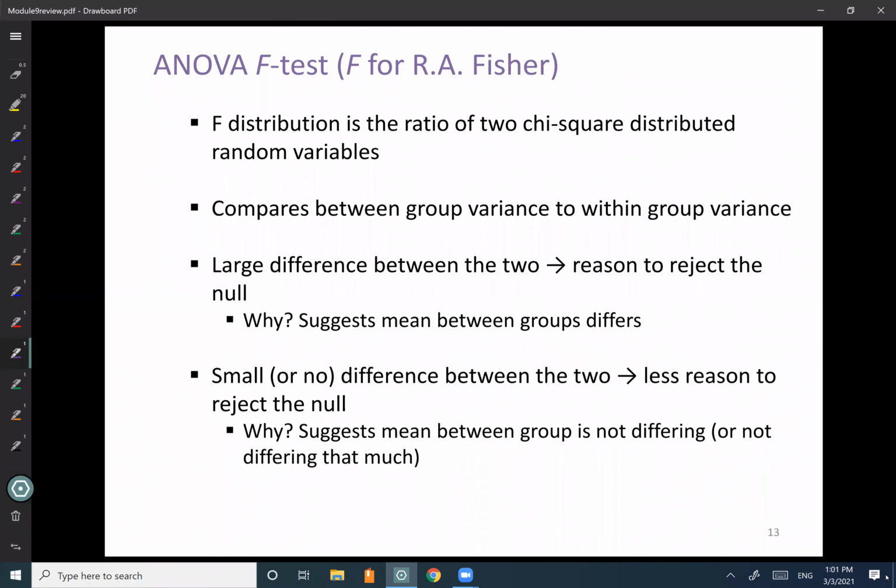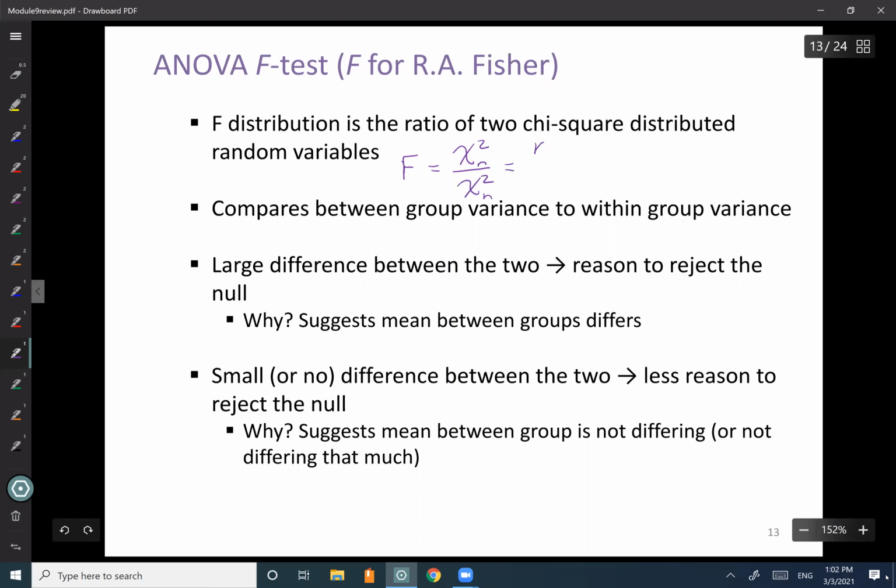So F stands for Fisher, the statistician that developed this test. And the F distribution is, we've used the tables before from previous content in the course. It is the ratio of two chi-square random variables on n degrees of freedom.